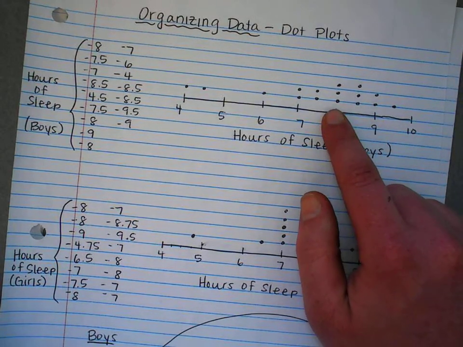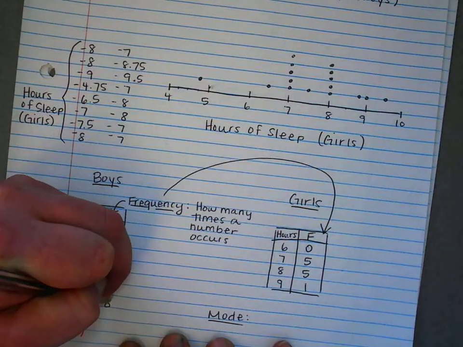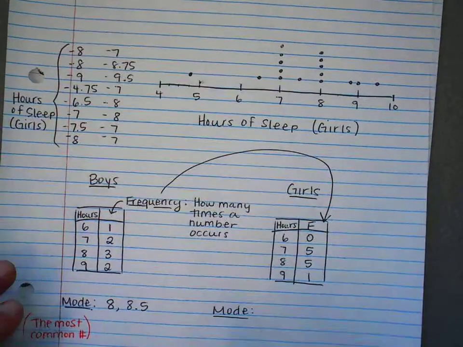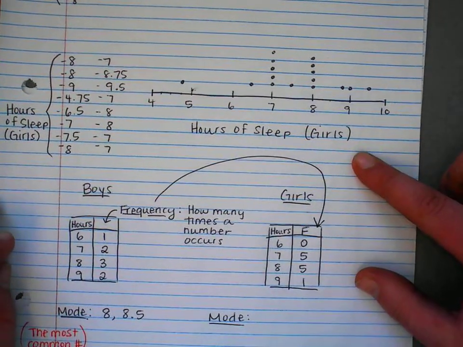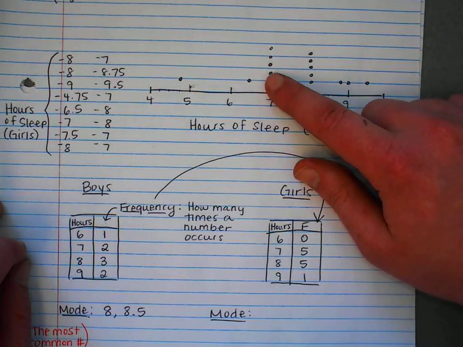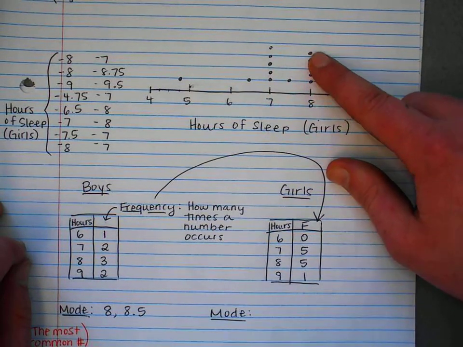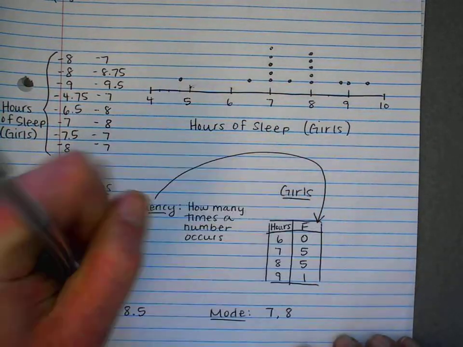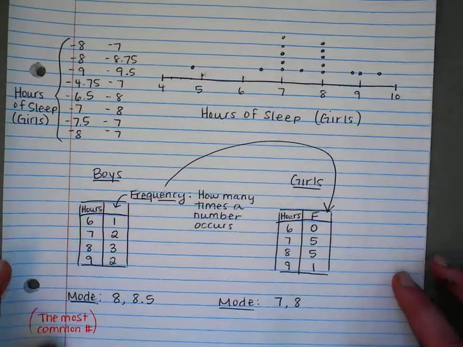So 8 and 8.5 are our mode, and I'm going to put both. Then if we go to the girls, we got a tie there too. So 7 and 8 hours of sleep is our mode.